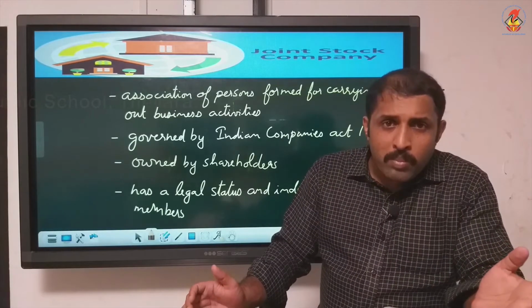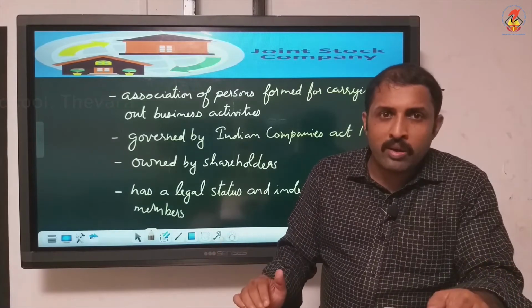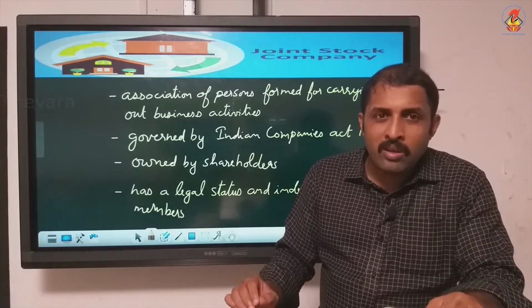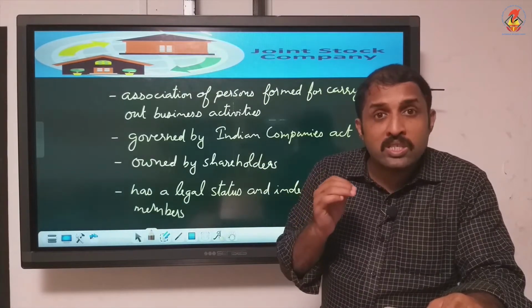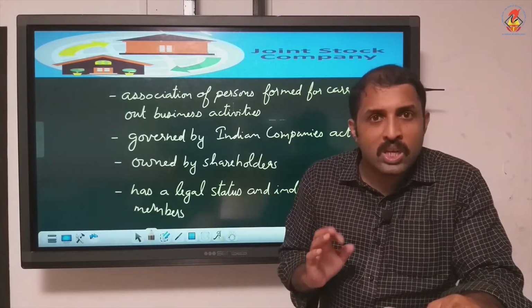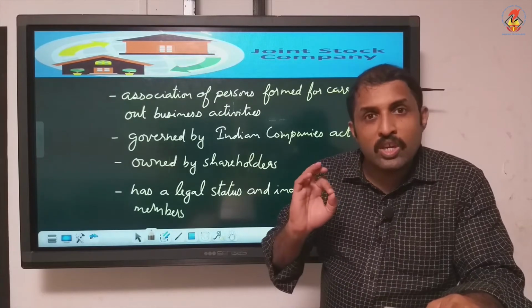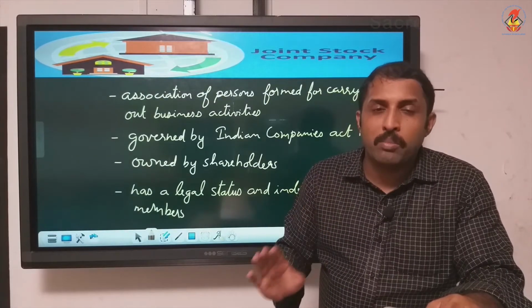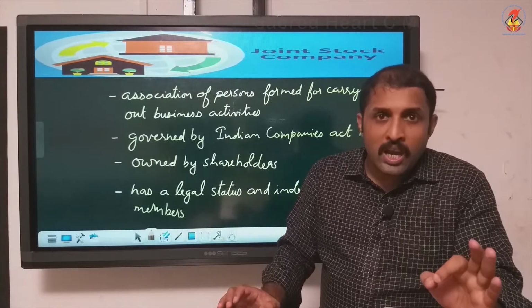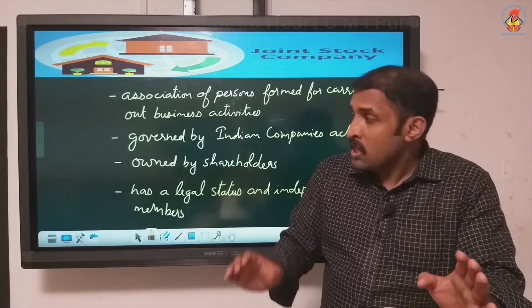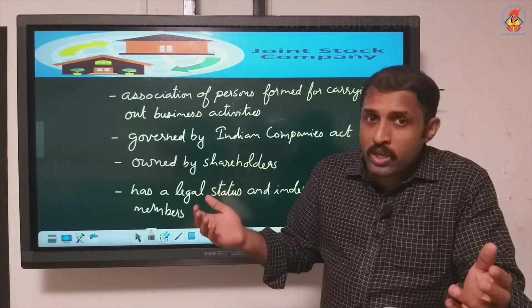And on what basis do these persons come together? They come together by purchasing shares of the company. What is a share? Share is the unit of capital of a company. By purchasing shares they are becoming the owners of the company.